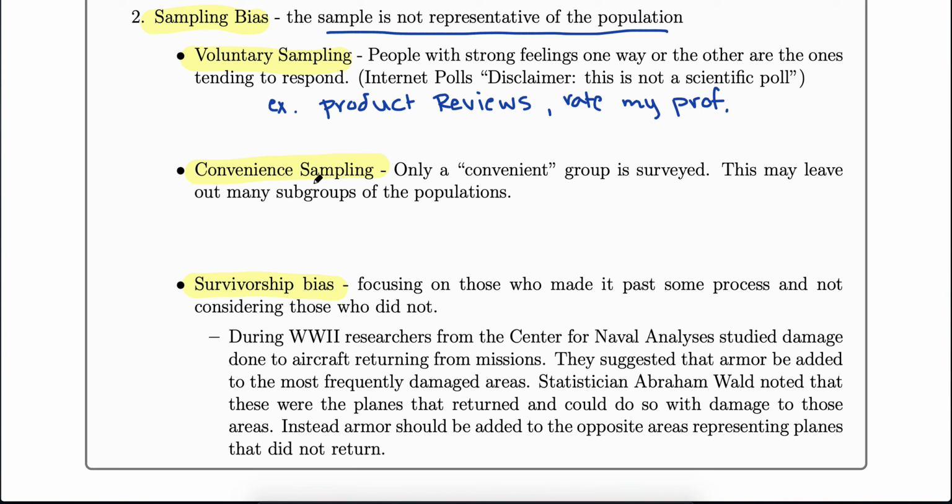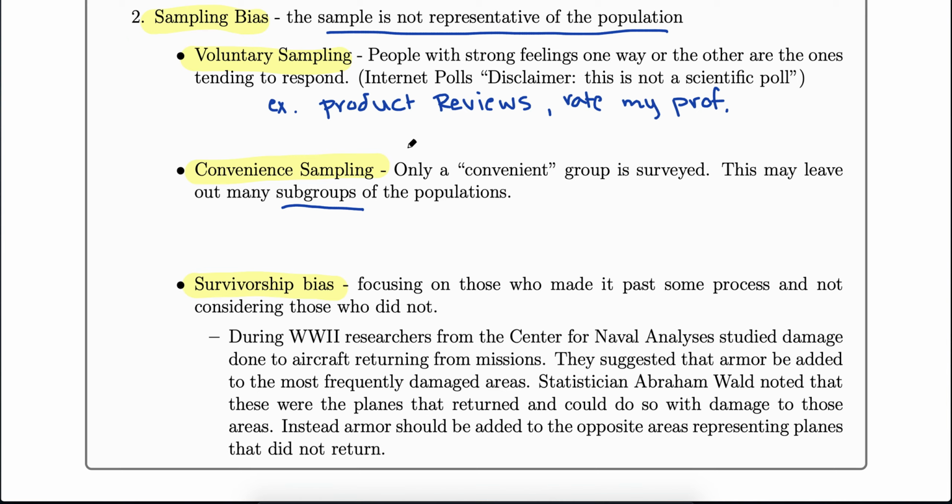Convenient sampling is when you only sample a convenient group. And that's going to leave out a lot of subgroups. So, kind of a corny example, but maybe I was going to take a survey and I, for some reason, love hanging out at the mall by the pretzel shop. So I go there at 10 o'clock on Wednesday morning and I order a bunch of pretzels and just sit and eat them and collect some data.